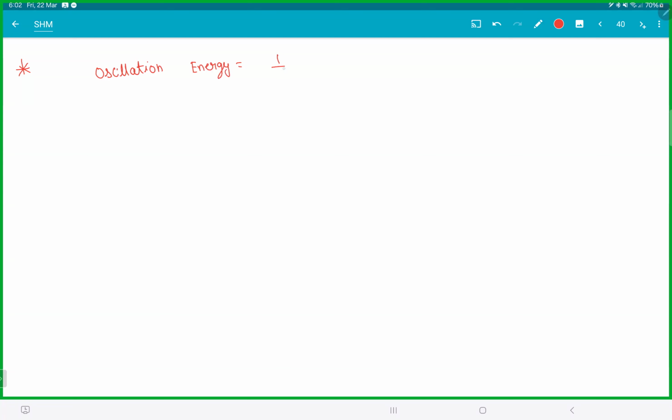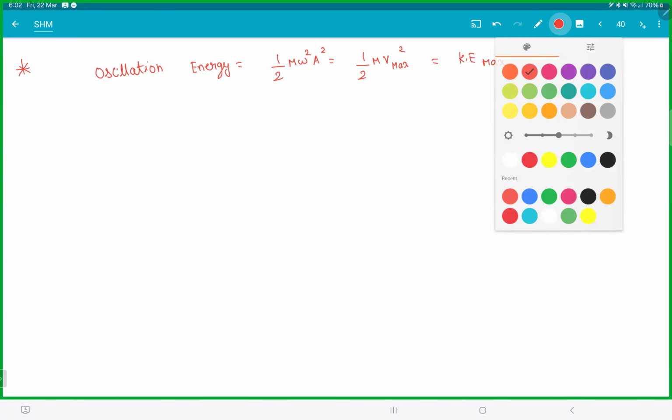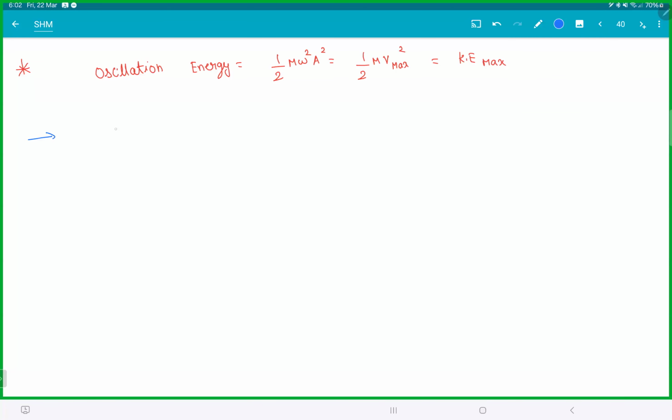Oscillation energy is half m omega square a square. This can also be written as half m v max square. This is also the maximum kinetic energy. So keep this in mind. Total energy and oscillation energy need not be equal.